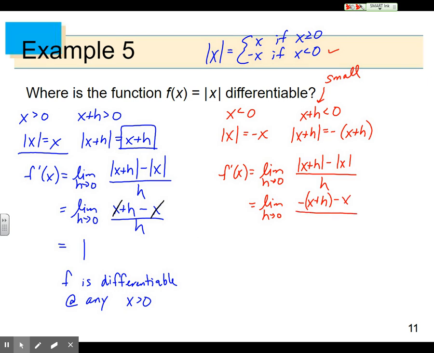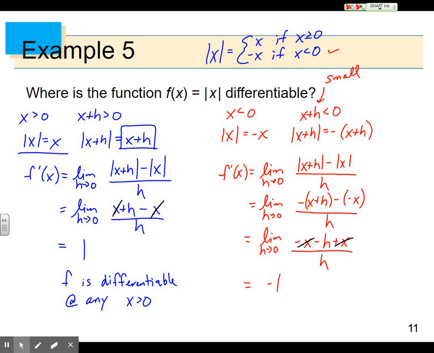Actually, that'd be minus negative x, wouldn't it? And it's all over h. I'm going to get rid of some of these parentheses so you can see what's going to cancel a little bit better. But everything the same is going to cancel. I got negative x minus h plus h all over h. So once again, negative x and positive x cancel. And I'm left with negative h over positive h, which is just going to be a negative 1.